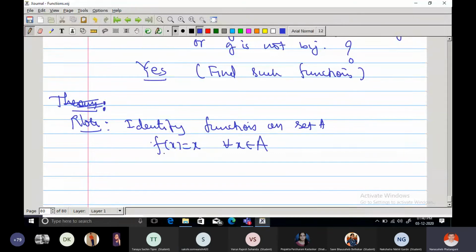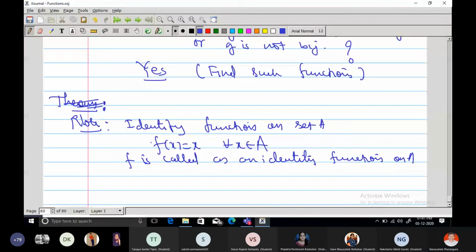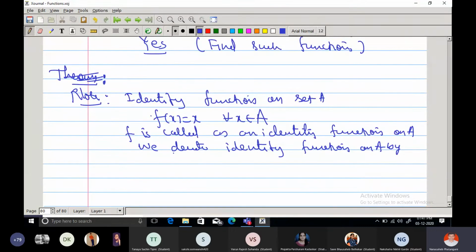Then f is called an identity function on set A. We denote the identity function on A by the notation identity on A. Right. So what is the meaning of identity?